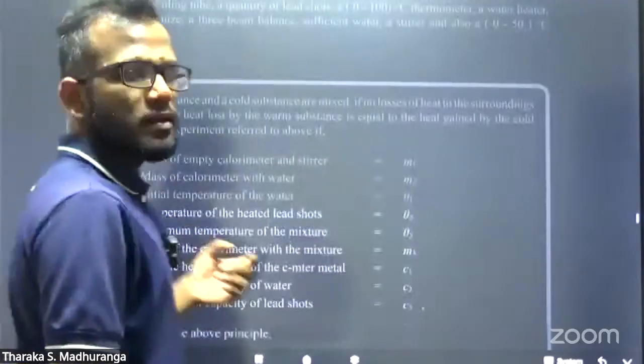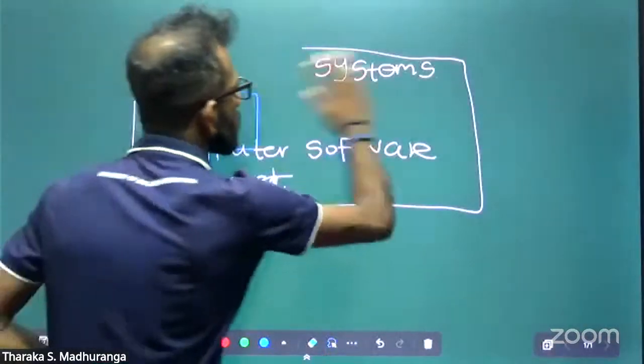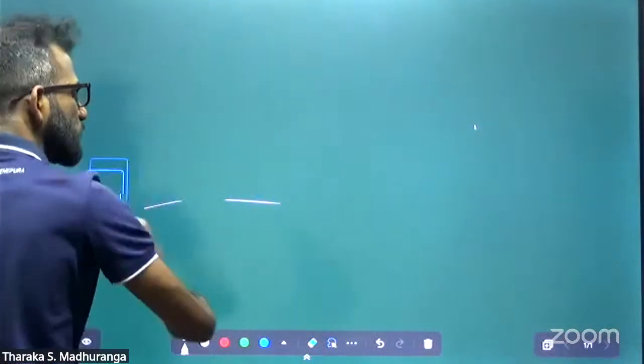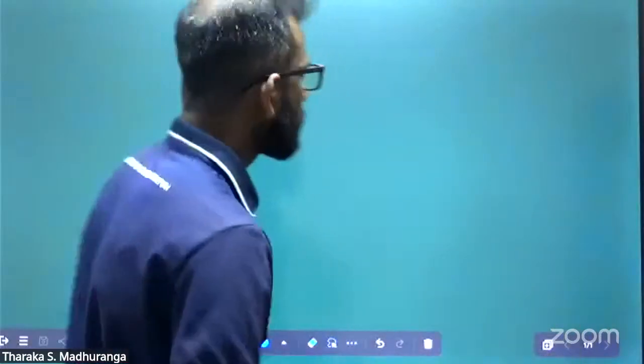Do we remember the practical? If you want, I will refresh you quickly on how we use the mixture method to calculate the specific heat capacity of an unknown object. It is very simple.